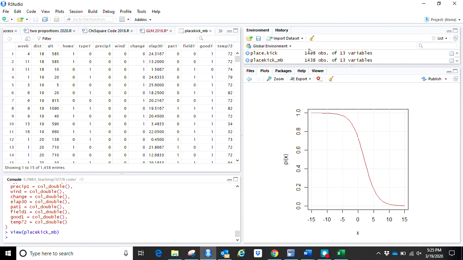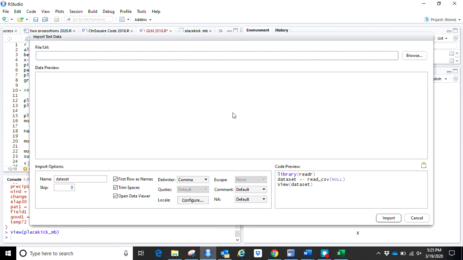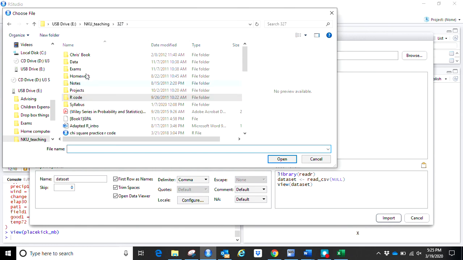The difference is actually how things got read in here. The first time I did this, I actually named my data set place.kick. So that's why you'll see that's the name of the one up here. When I read in the file, it gave me placekick.mb. So if you wanted to change that when you actually import it, grab it here again to kind of show you how this works.